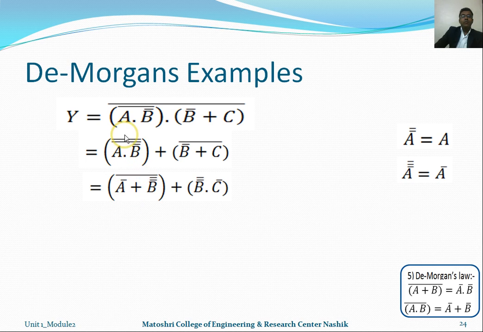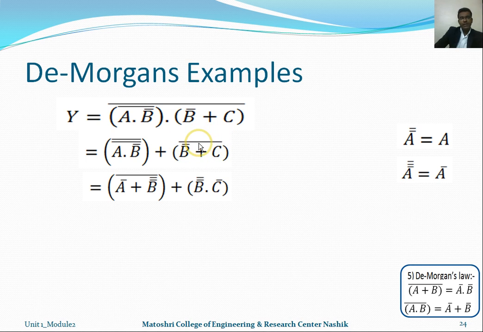We are breaking the complements. If we break any one complement from this double complement, we get A complement ORed with B double complement, and we change the functionality from AND to OR. In the second bracket BC, the whole complement is there.